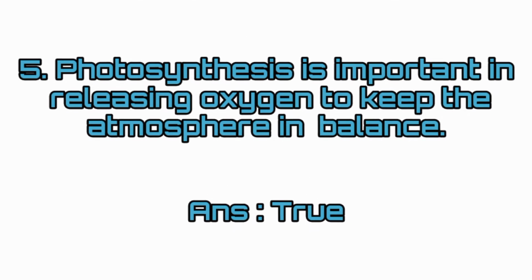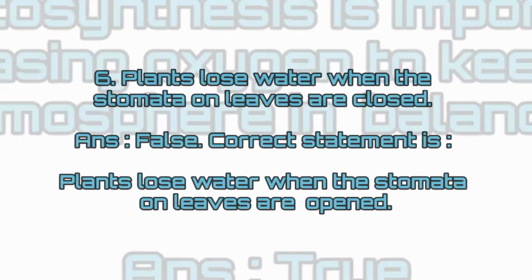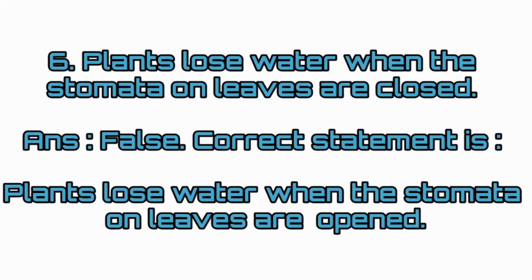Photosynthesis is important in releasing oxygen to keep the atmosphere in balance. Answer: true. Plants lose water when the stomata on leaves are closed. Answer: false. The correct statement is plants lose water when the stomata on leaves are opened.